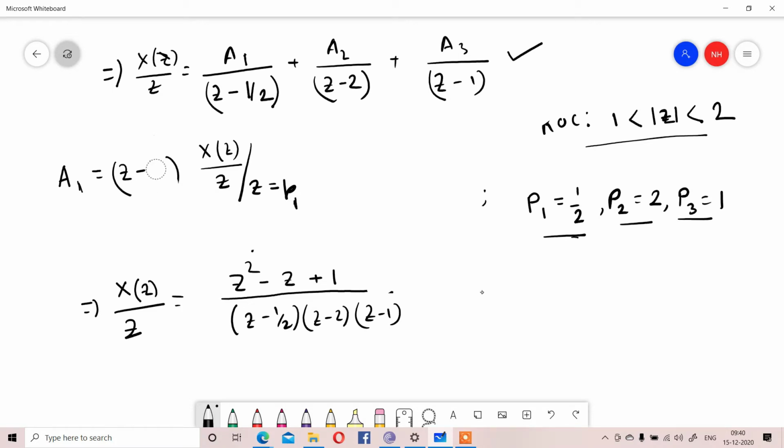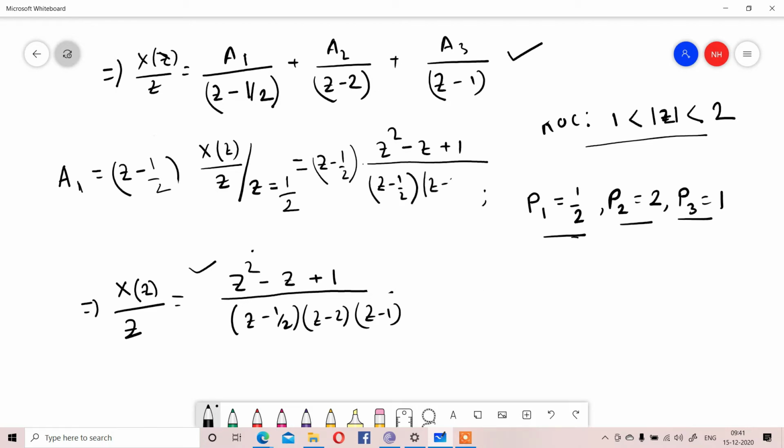So replace all the p1 by half. So it will be z minus half multiplied by Xz by z, that is z square minus z plus 1 over z minus half, z minus 2, z minus 1. So z minus half will be cancelled out, where z equal to half. So replace the values z by half.